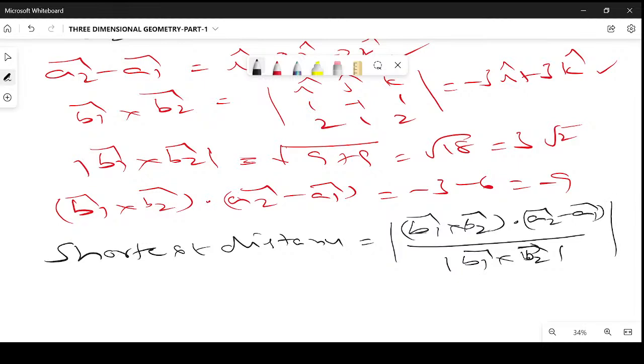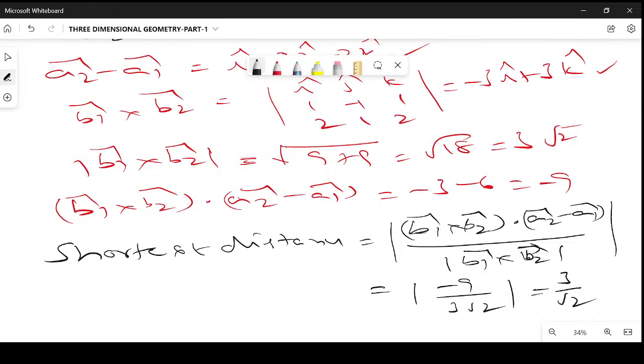If you apply that formula, the dot product we got is minus 9, so the modulus of minus 9 divided by modulus of B1 bar cross B2 bar, which is 3 root 2. So this will be 3 by root 2.